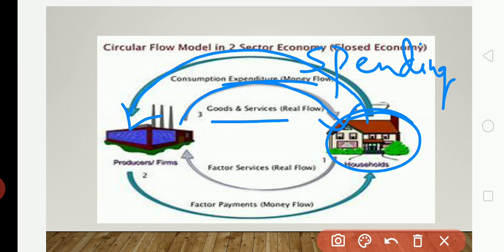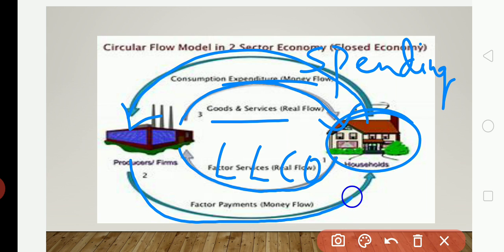Next, the household is giving its factor services like land, labor, capital, organization. In return, the firm gives the payment to the household. For the land, it gives rent. For the labor, wages. For the capital, interest. For the organization, profits. So these are the factor payments.